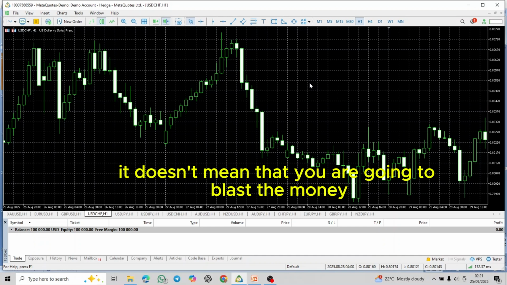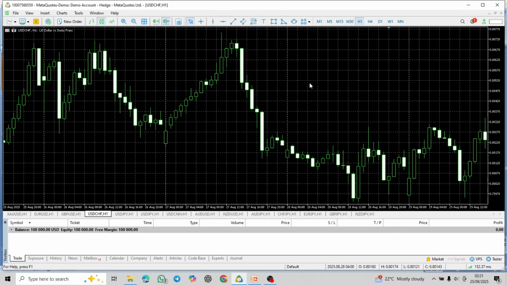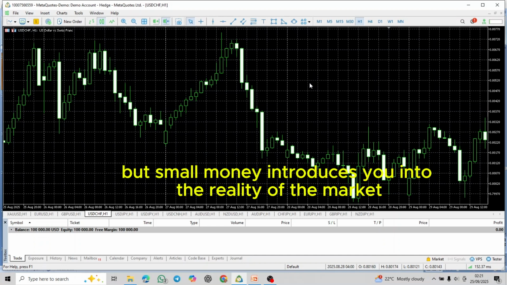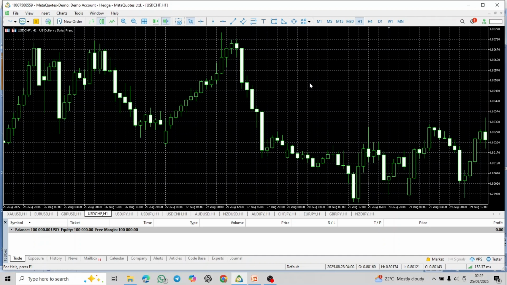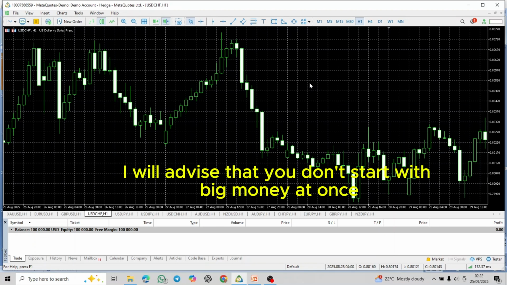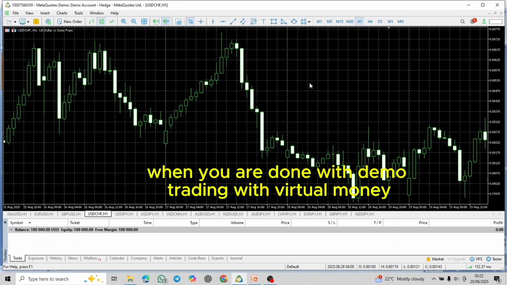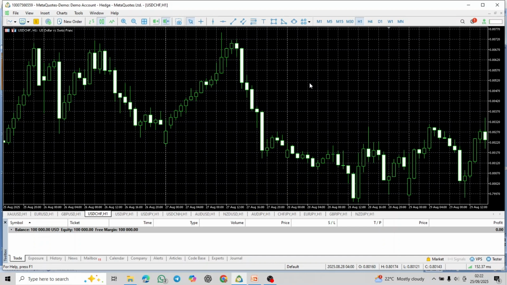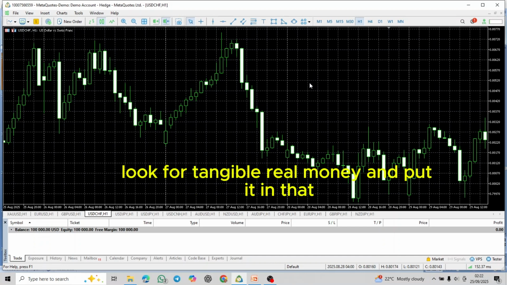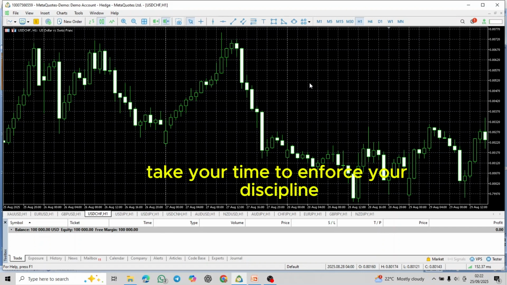It doesn't mean that you are going to blast the money. But small money introduces you into the reality of the market. I will advise that you don't start with big money at once. When you are done with demo trading with virtual money, look for tangible real money and put it in that. Take your time to enforce your discipline.